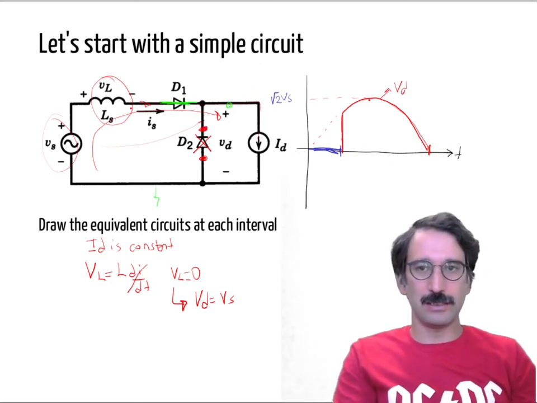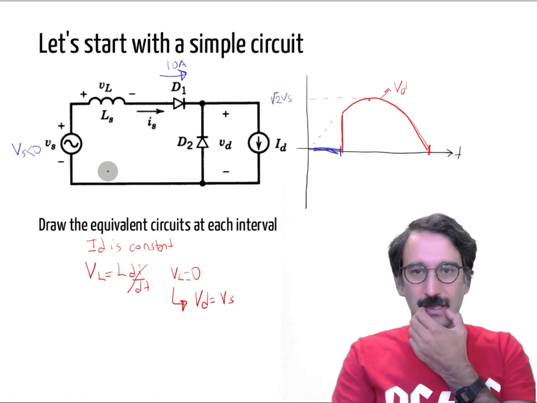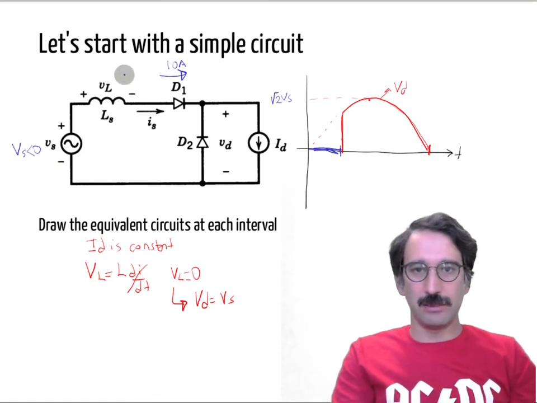So after that time, let me clean a little bit. Now that one is carrying 10 amps, and Vs is going to 0, right? But if we just cut that immediately, we will have the same problem.